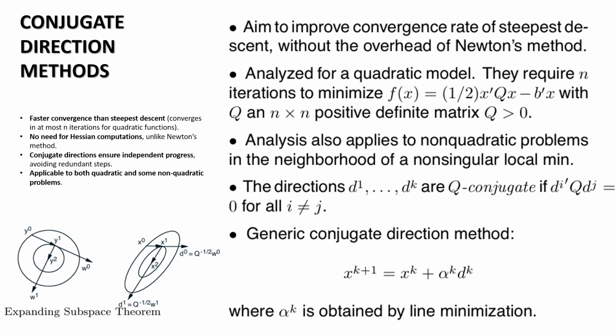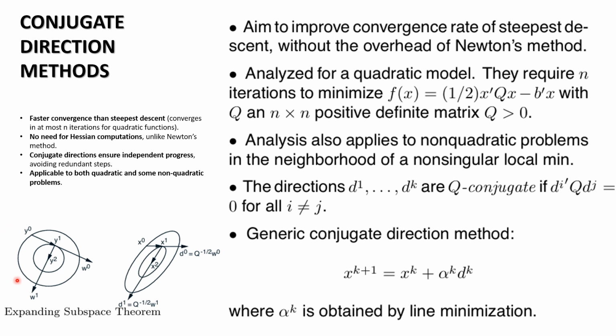Application beyond quadratic problems: although initially developed for quadratic functions, conjugate direction methods also work for non-quadratic functions, which could be quite useful for us in the next calculation. When applied near a non-singular local minimum, the method behaves similarly and provides faster convergence than steepest descent.